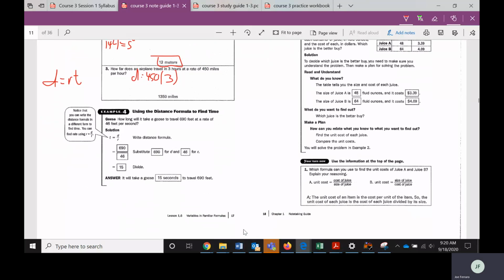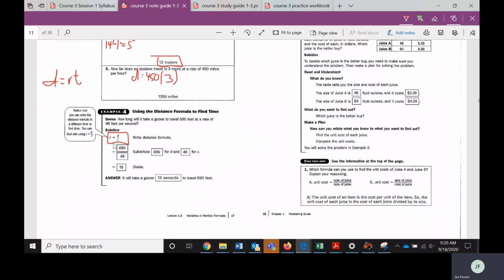Number 4, using the distance formula to find time. Okay, so what they have done is the original distance formula is distance equals rate times time. If you need to find time, given a distance and a rate, you would use this.